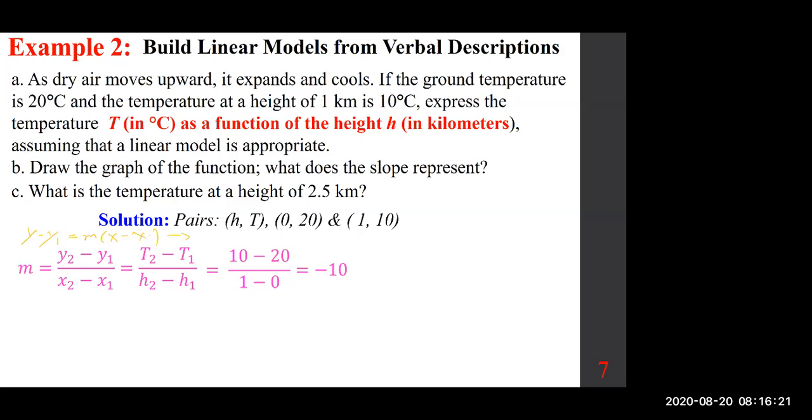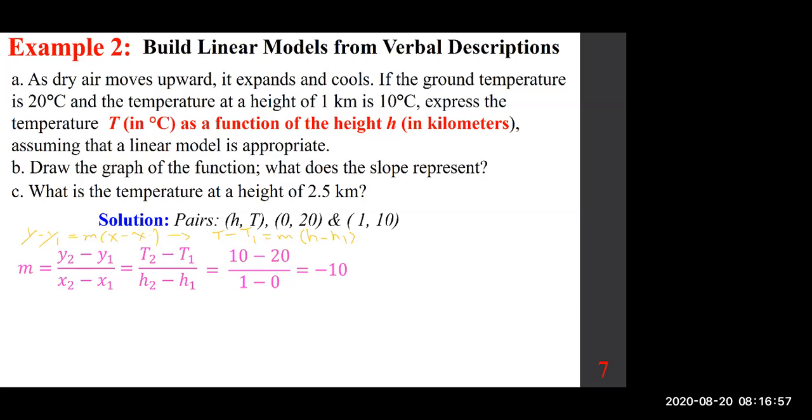So you can use this formula, and I'm going to go with both formula. Y minus y1, so we are going to use t minus t1 equals m times x minus x sub 1, h minus h1. And you can come up with the answer.